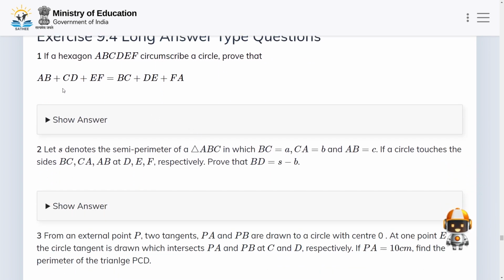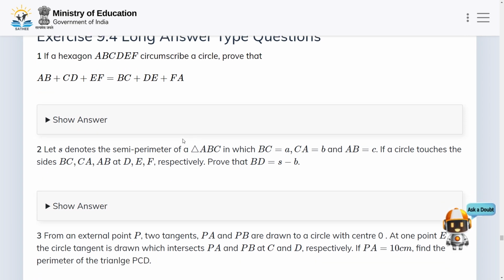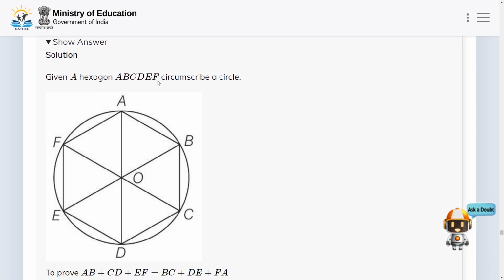In question number 1, we have: if a hexagon ABCDEF circumscribes a circle, prove that AB plus CD plus EF is equal to BC plus DE plus FA. Let us prove it. Given a hexagon ABCDEF circumscribes a circle.